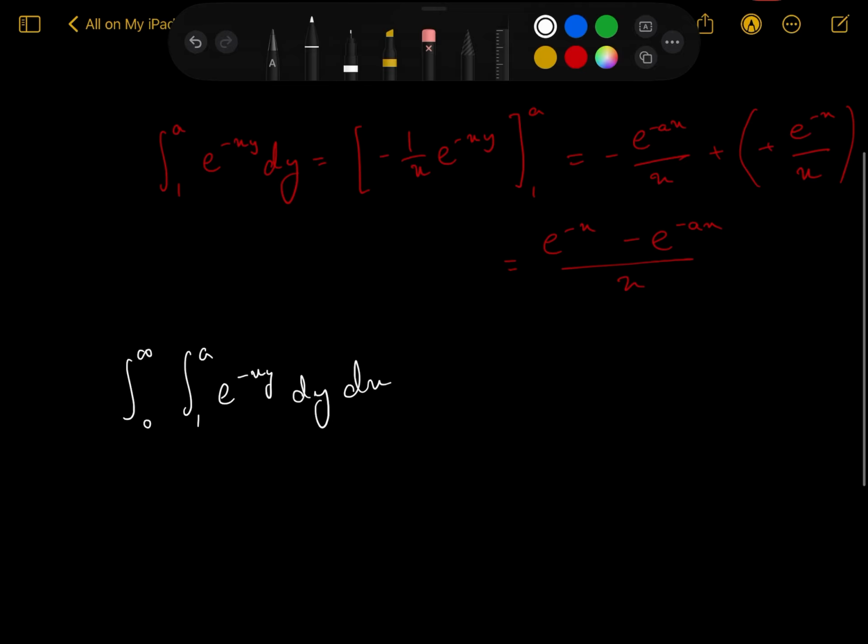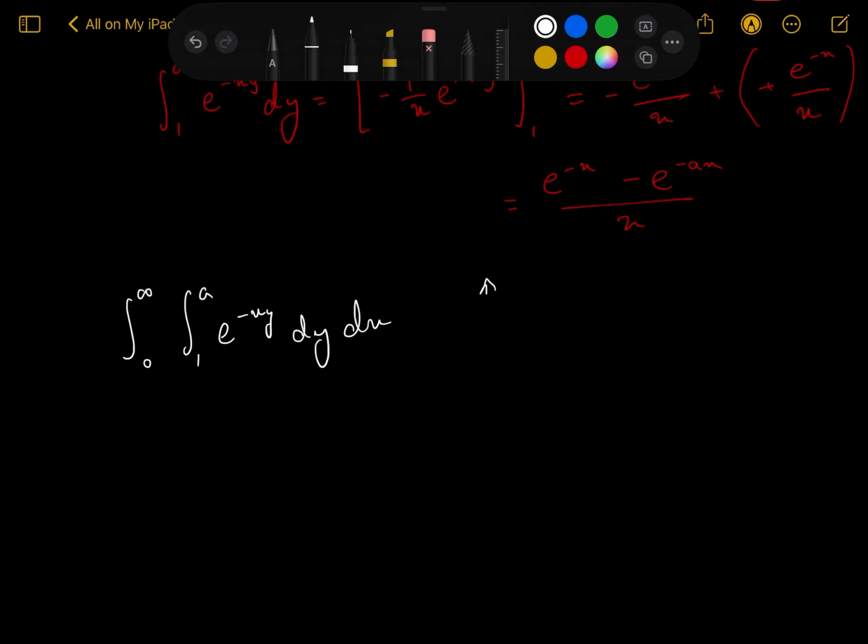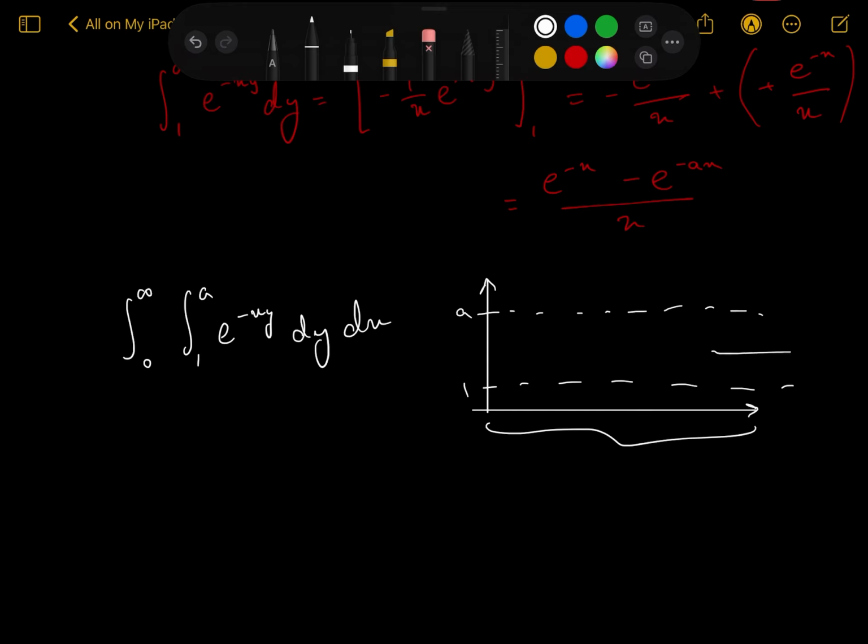And if we just sketch this out to try and find the new bounds of integration, just like that, and so we know that we're going from 0 to infinity along the x-axis, so our region is going to look something like this. And because we're going from 1 to a on the y-axis, it's going to be something like this all the way on to infinity.